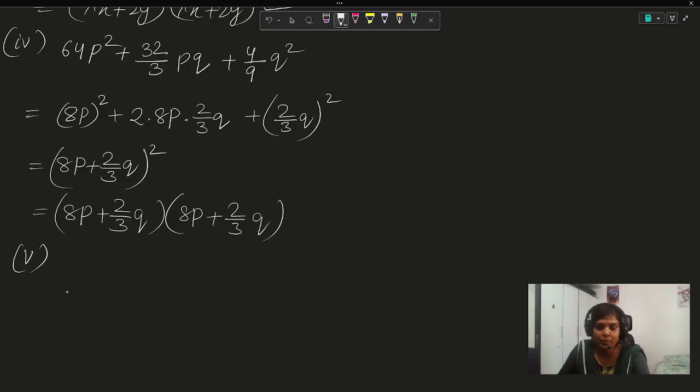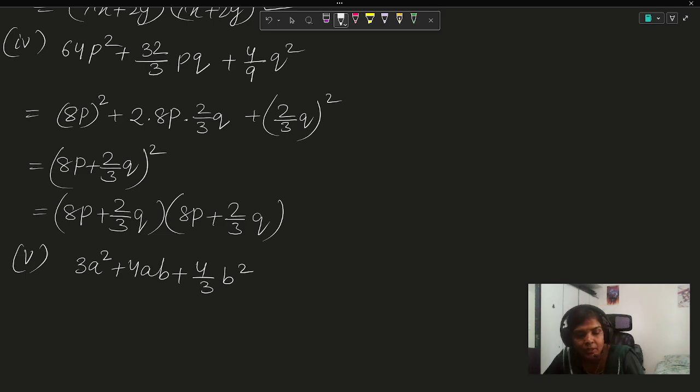The fifth part of question number 1 is 3a square plus 4ab plus 4 by 3 b square. Can you see every term? Is it the correct question I wrote?